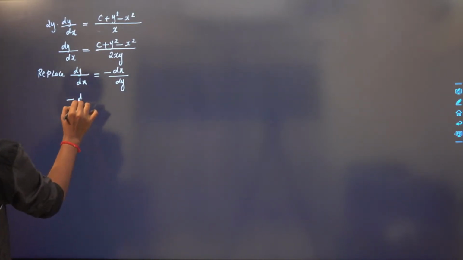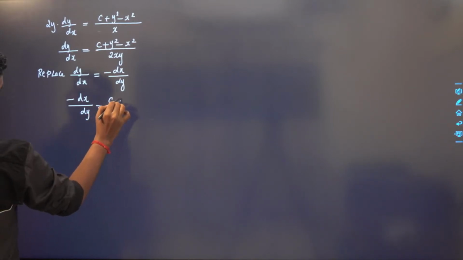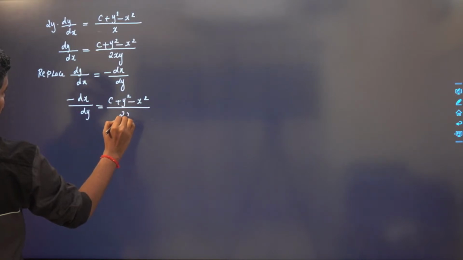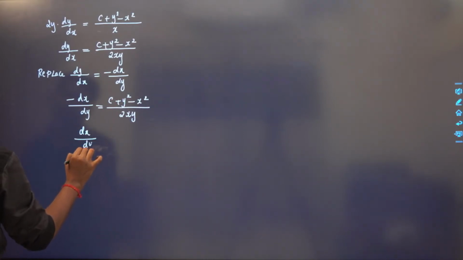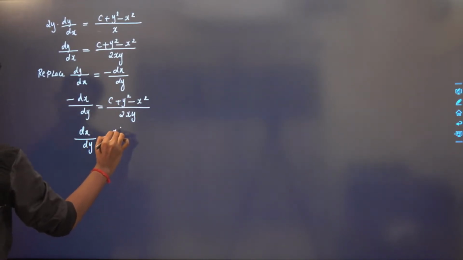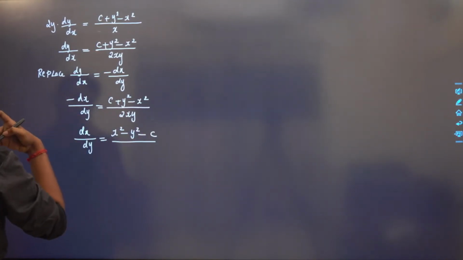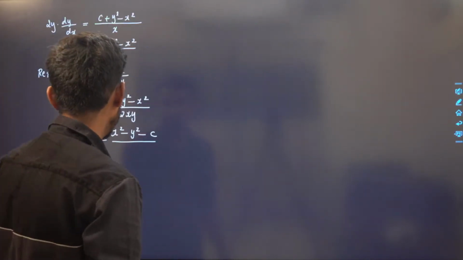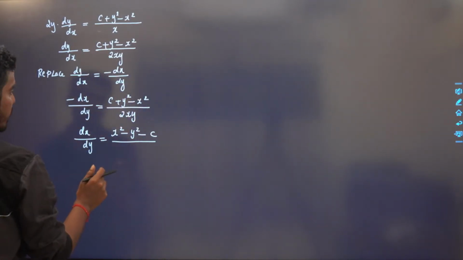So this will be minus dx by dy is equal to (c plus y square minus x square) by 2xy, right? So let us take this minus outside here and then cancel the minus signs. So we have (x square plus y square minus c)... I'm just taking minus outside and cancelling minus minus, which becomes plus.